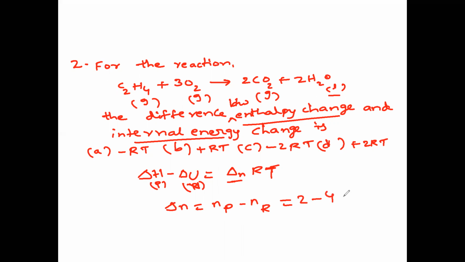So 2 minus 4 is equal to minus 2. So the answer is the third option, because delta H minus delta U is equal to delta n RT, that is minus 2RT. For NEET they will not give calculation. For JEE they will give calculation for this also, taking the R value and the temperature, 25 degrees C. Since they have not given temperature and R value, we can take this straight away. I hope it is clear.